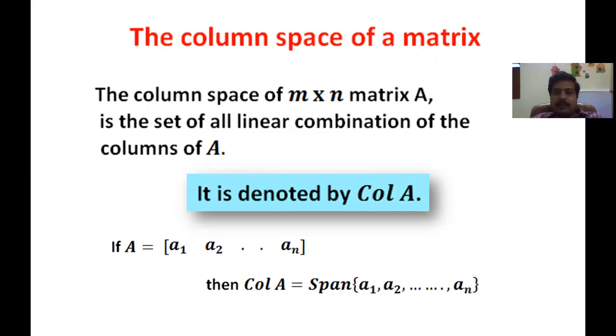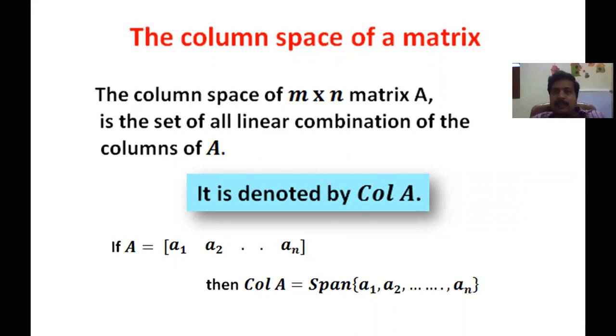The vectors are nothing but those columns. The span of those columns, that is, the linear combinations of all those columns, will be our column space.